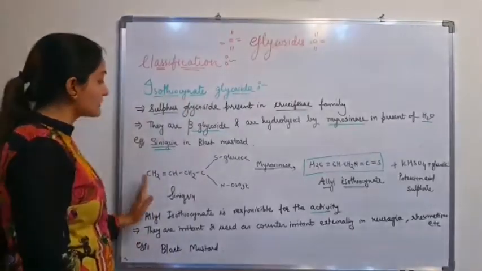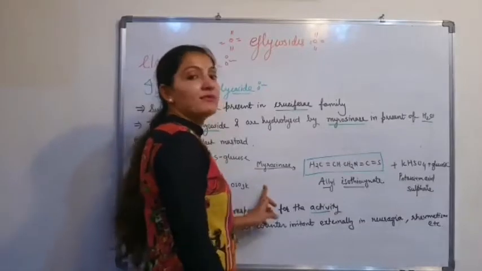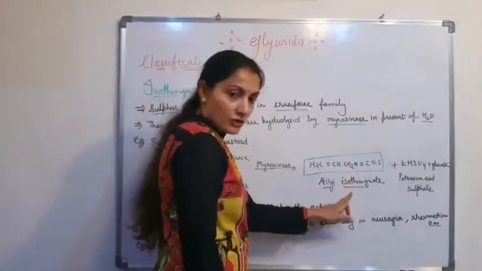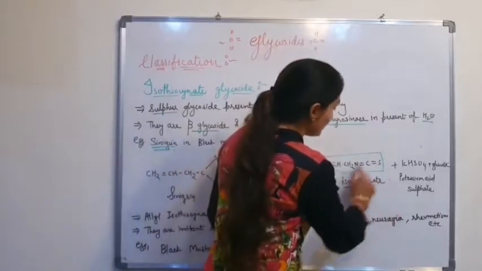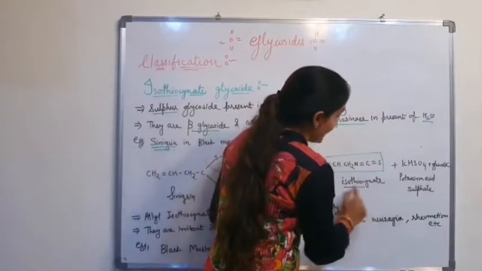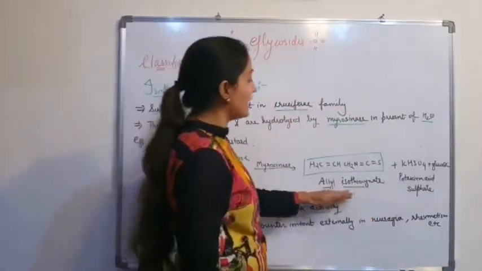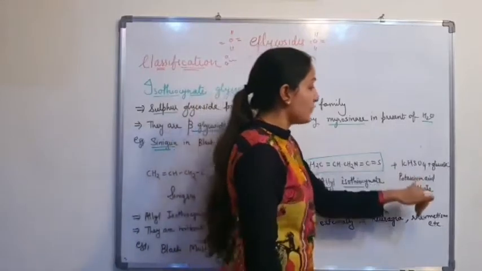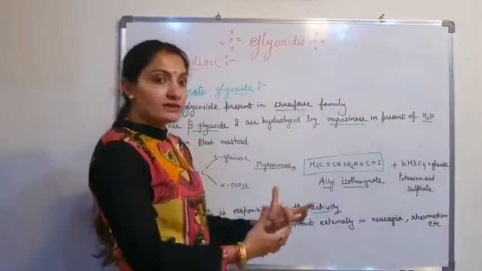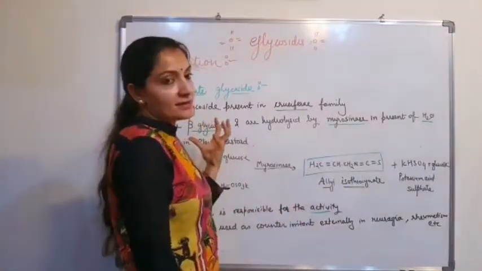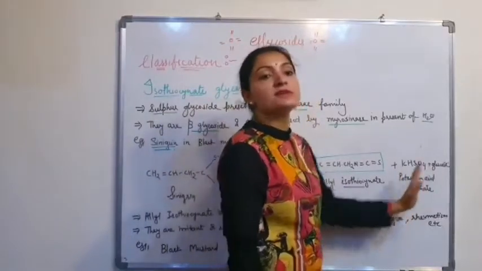This is the structure of sinigrin. In the presence of myrosinase and water, it hydrolyzes and gives allyl isothiocyanate, potassium acid sulfate and glucose.